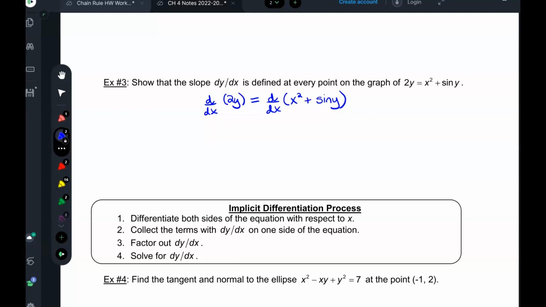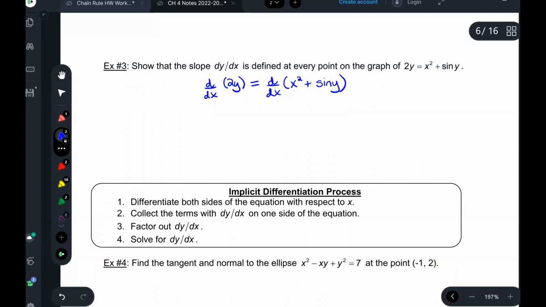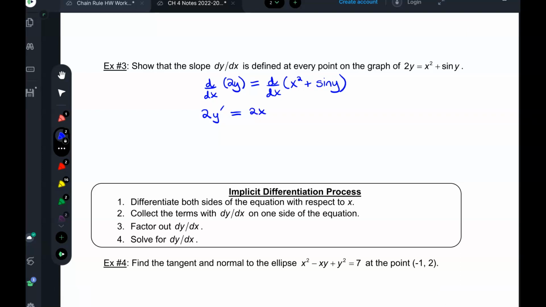What's the derivative of 2y? That's just 2 dy dx, and this time I'll write 2y prime so you can see what that looks like. What's the derivative of x squared? 2x. I don't have to write dx dx because that's just 1.